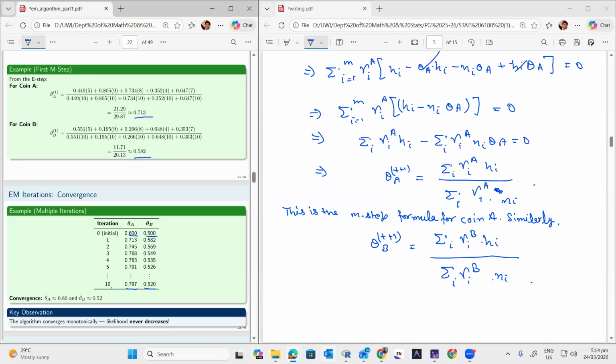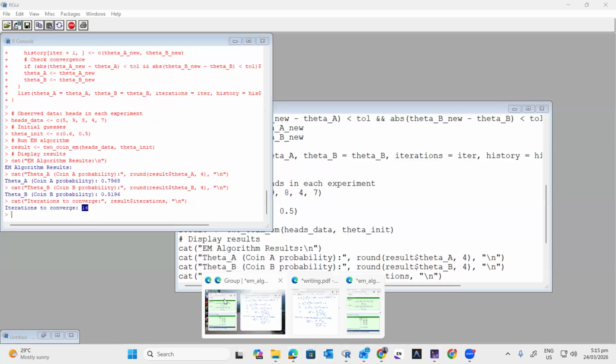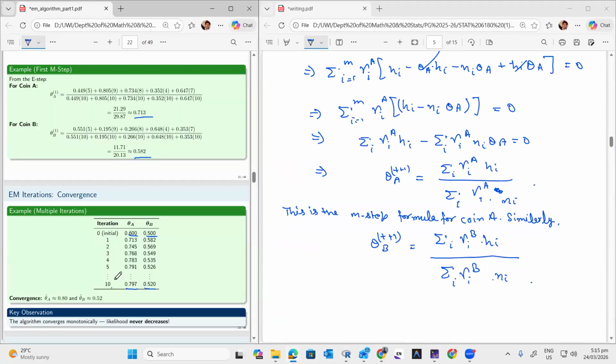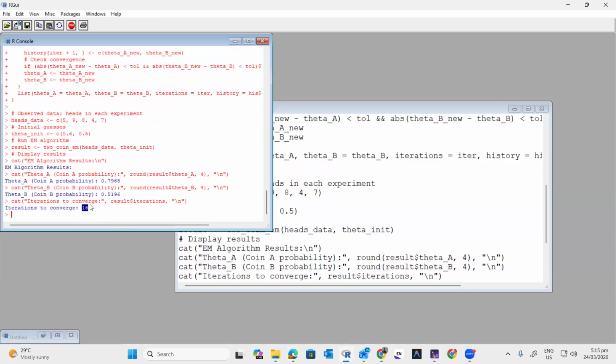It will increase if we increase the number of iterations, because we took the iterations here up to 100. It converged at iteration 16, but we considered only up to iteration 10 in the numerical example. Here I just show the result up to iteration 10, but it converged in iteration 16.